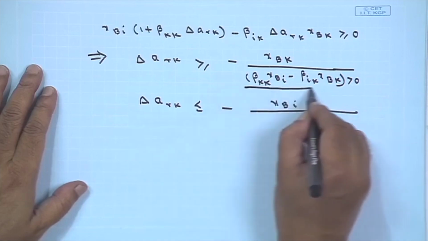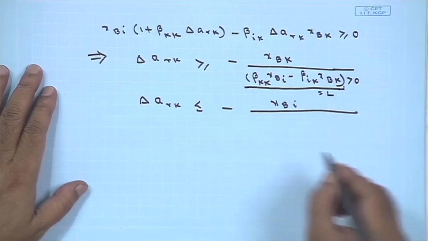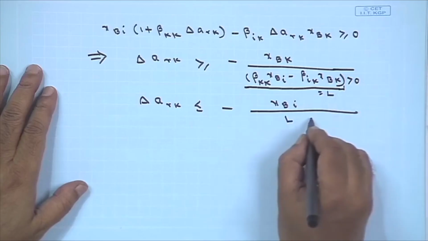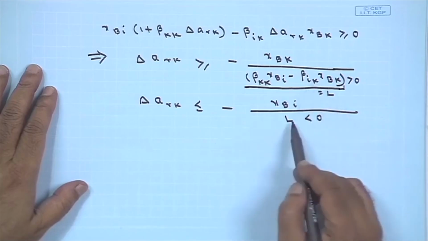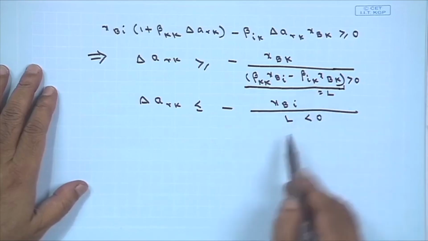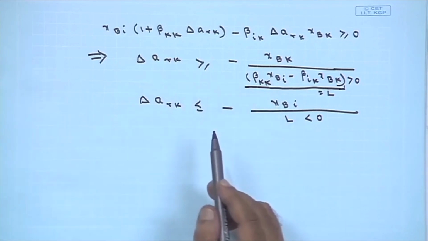If I assume this value equal to capital L, so I can tell it as capital L, which should be less than 0. So, I am assuming the denominator is the same. So, delta a_rk greater than or equal to 0, delta a_rk less than or equal to 0.